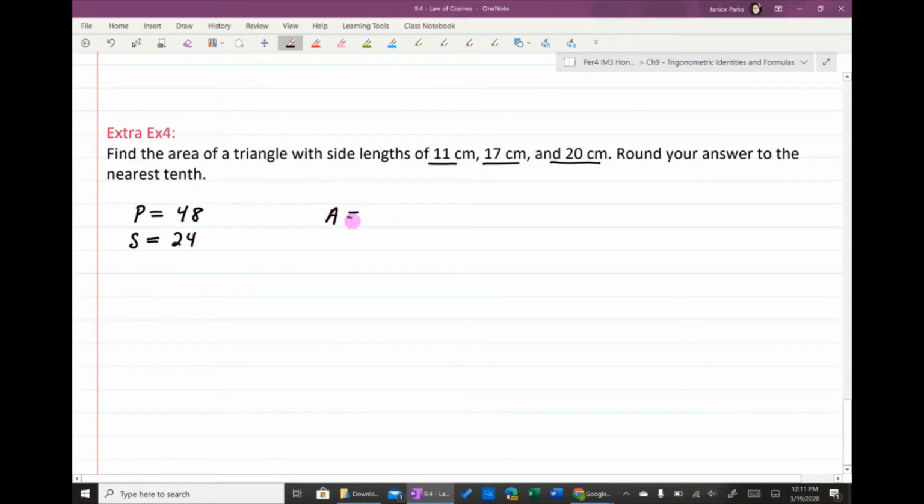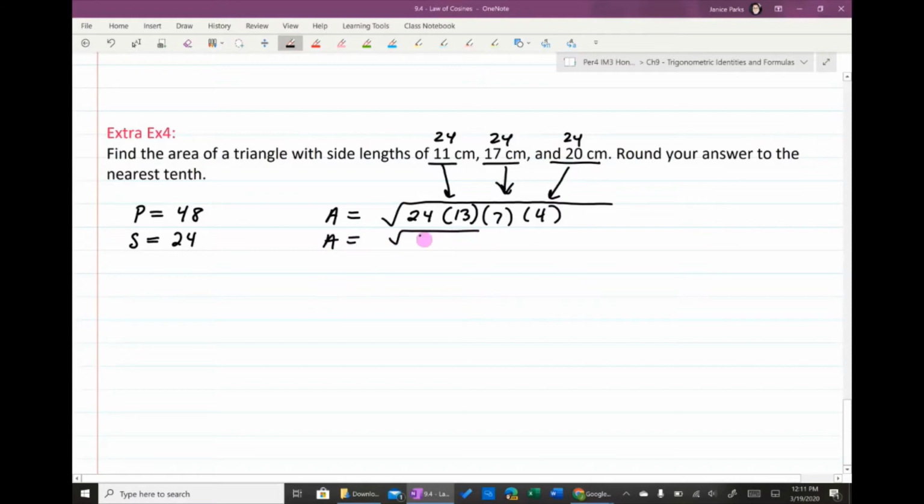So the area will be the semi-perimeter, 24, times the semi-perimeter minus the first side, which is 13, the semi-perimeter minus the second side, which is 7, and the semi-perimeter minus the last one, which is 4. If you multiply all those together, you should get 8736, and that should give you 94.5 centimeters squared.